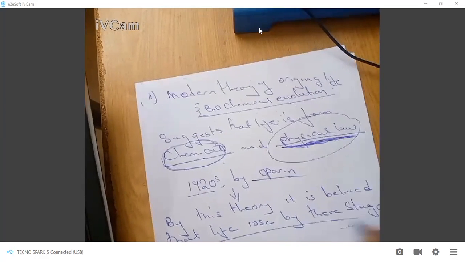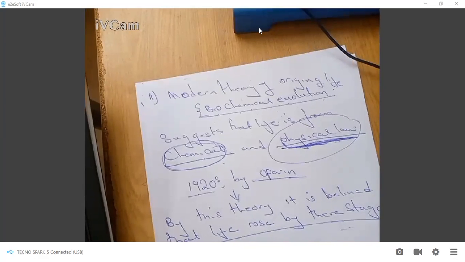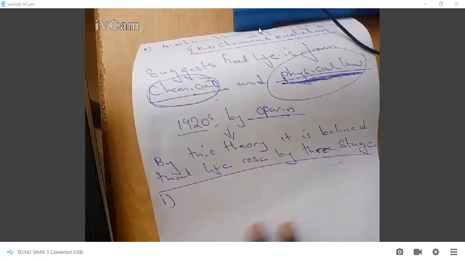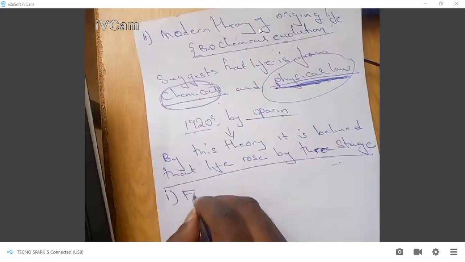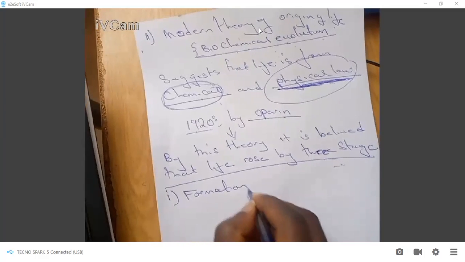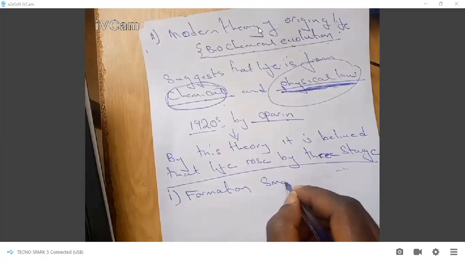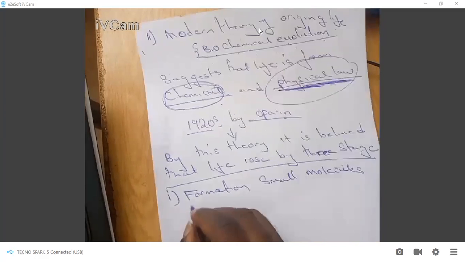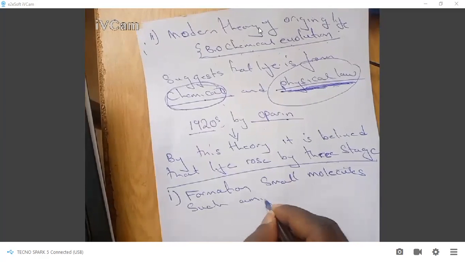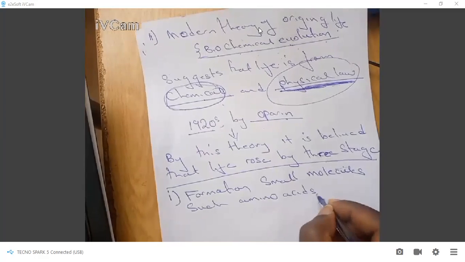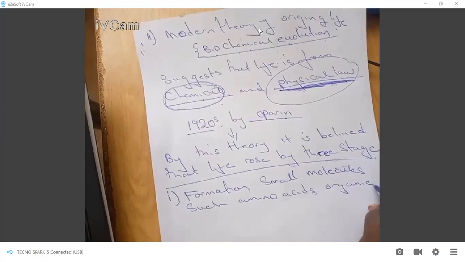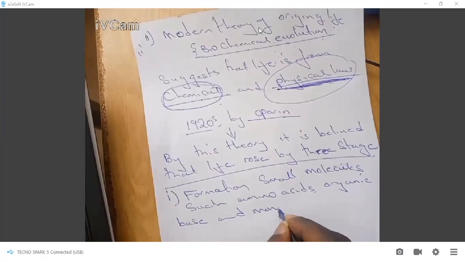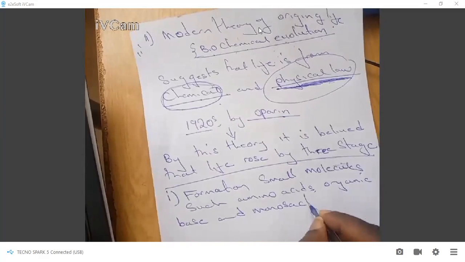The rising of life on this earth involved 3 stages. It started with the formation of small molecules, such as amino acids, organic bases, and monosaccharides.